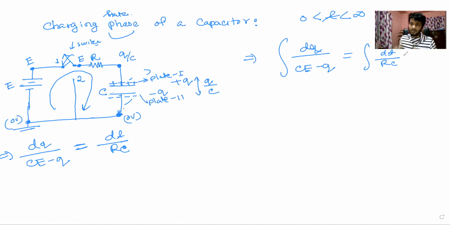So let us take the limit. When t equals 0, what would be the value of charge? It would be 0. When time is 0, charge is 0. When our time is t, what was our charge?